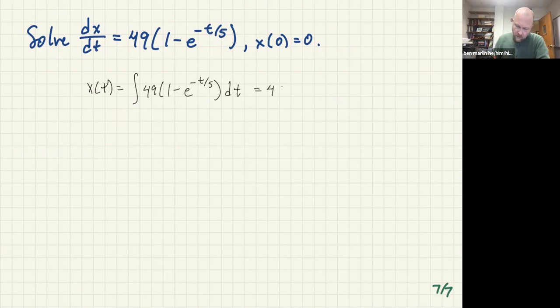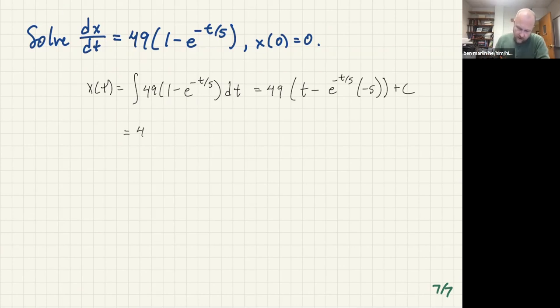So I will pull the 49 out front, and I'm going to integrate the 1 and get a t, and I'm going to integrate the minus e to the minus t over 5, and I will have to then multiply it by a minus 5, the reciprocal of the minus 1/5. And then I'm going to put a plus c on the end, because those always show up when you integrate.